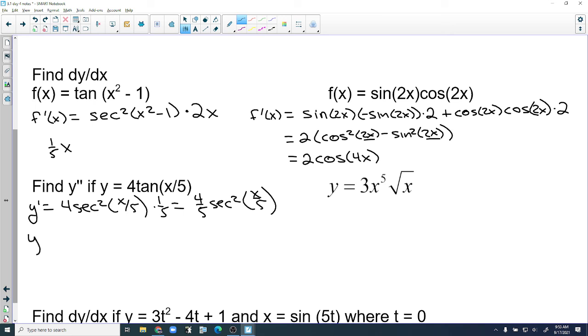The second derivative now, we just created 3 functions. We had 2 functions before, tangent, and then the inside was x over 5. Here we have 3. So the first outside function is squared. So 8/5 secant of x over 5. So multiply by 2, reduce the power by 1. There's the first part. Next function is actually secant.